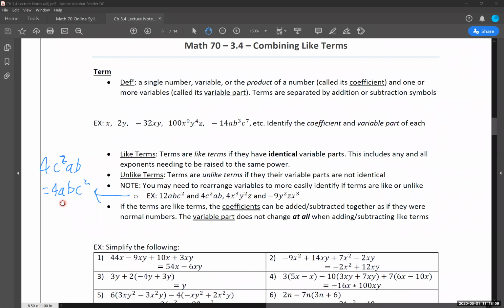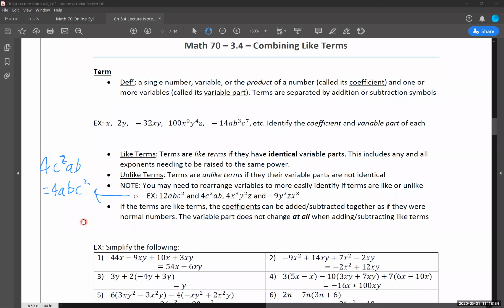Just put it into ABCs. Make sure you keep the exponents with their respective variables, but otherwise it's really standard and expected that if you're going to rearrange these, you put them into alphabetical order with their exponents still attached. It keeps it really standardized. We all know the alphabet, and we can go through and compare it that way. It's a bit easier to do that.